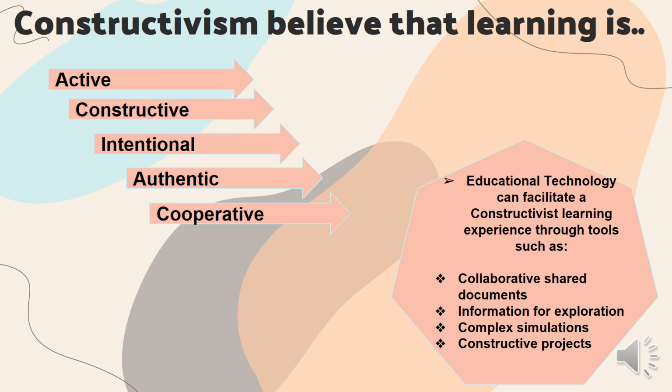In addition, they believe that learning is authentic, where learners need to experience a rich, authentic context for their meaning making. And finally, that learning is cooperative. Learners construct knowledge through productive conversation with other learners.